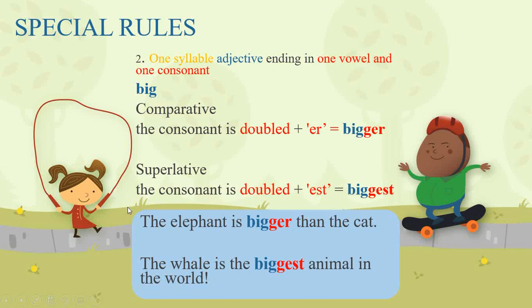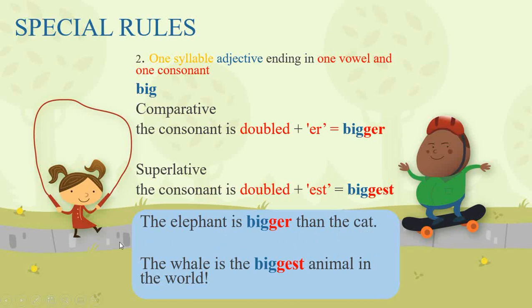Now we have some examples of the use of the comparative and superlative form of the adjective big. The first one: the elephant is bigger than the cat. We're comparing two animals, the elephant and the cat.